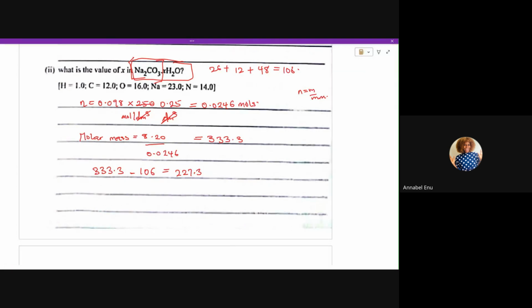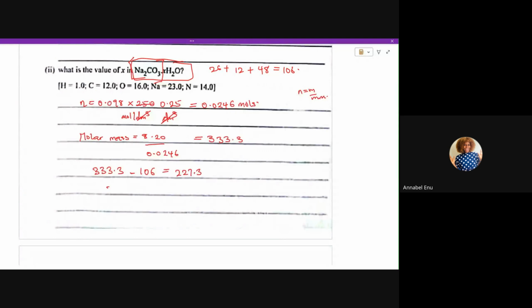So what we are going to be doing to know what X is: we know that the molar mass of H2O, of water alone, is 18. This X here tells us the number that goes with both H and oxygen.